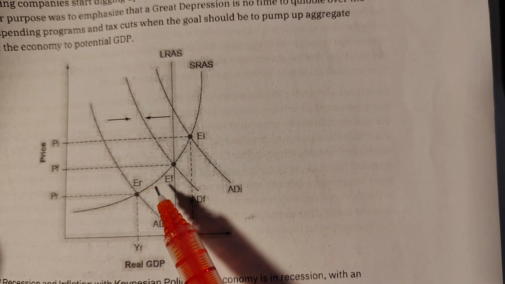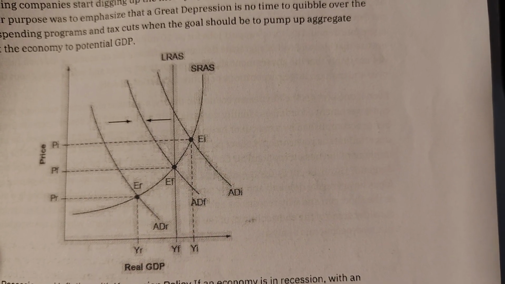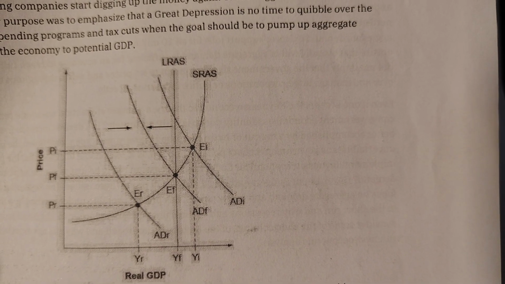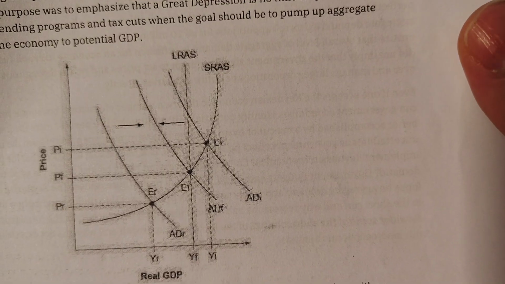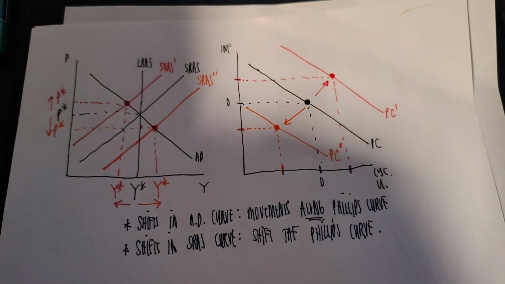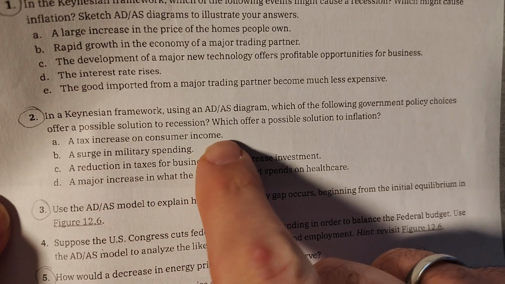Because an increase in G, that's just going to increase G and aggregate demand is going to increase. A decrease in taxes is going to increase consumption and maybe even increase investment. So C plus I is going to go up, and then that's also going to shift the aggregate demand curve to the right. So for recessions, you know that a tax increase is not going to help.